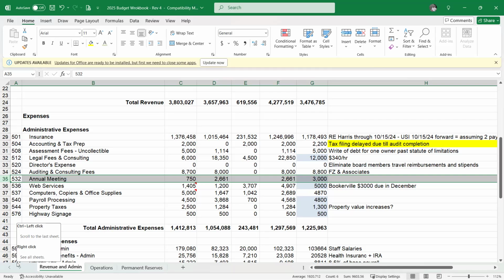But I think if the 2,661 would have been, say, 3,000 higher, were it not for our sponsorships, then we should show it at its actual cost of 7,000, and then maybe budget some sponsorship revenue to offset that. But I'm concerned with the number being 3,000 if our actual cost is really going to be higher, unless we get sponsors. I don't know where the 2,661 number came from.